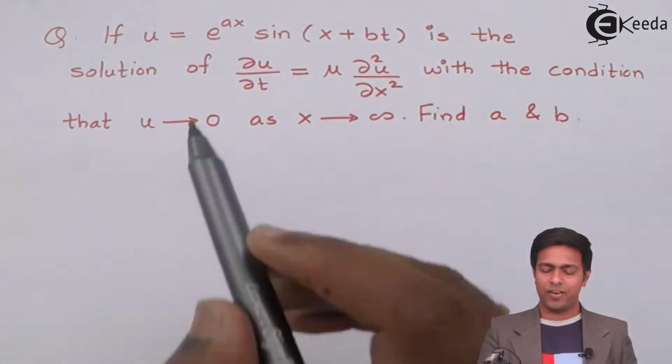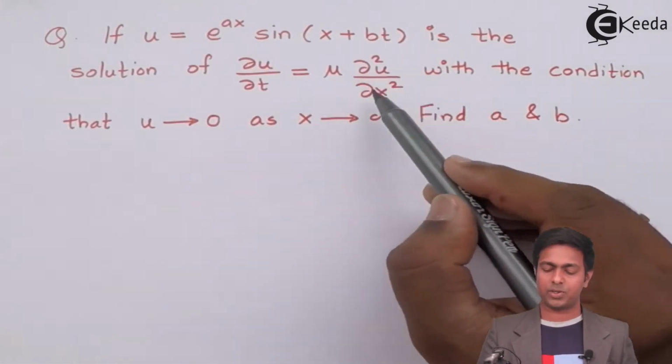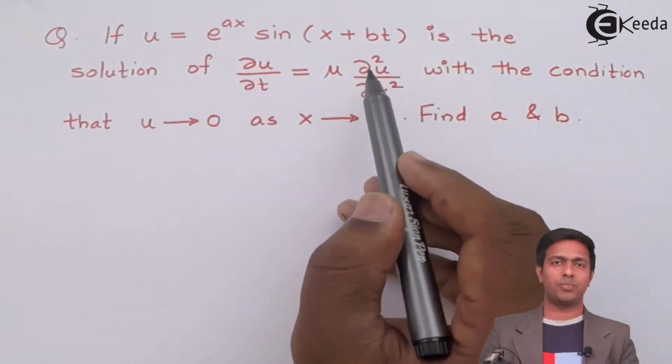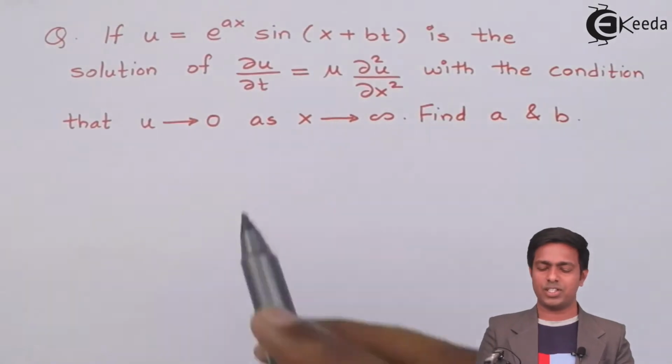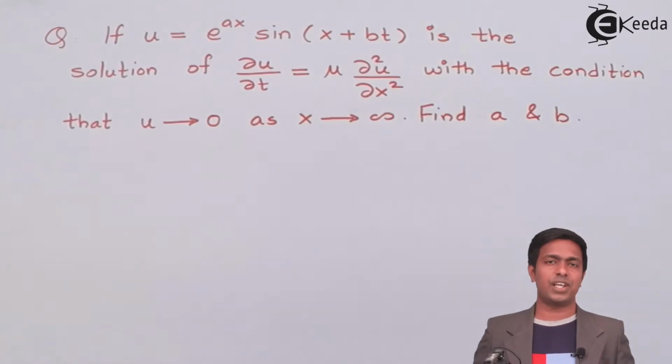So if I find the value of del u by del t from this u and del square u by del x square from that u, and put those values over here, then I should get both sides as equal, because this u is a solution of this differential equation.